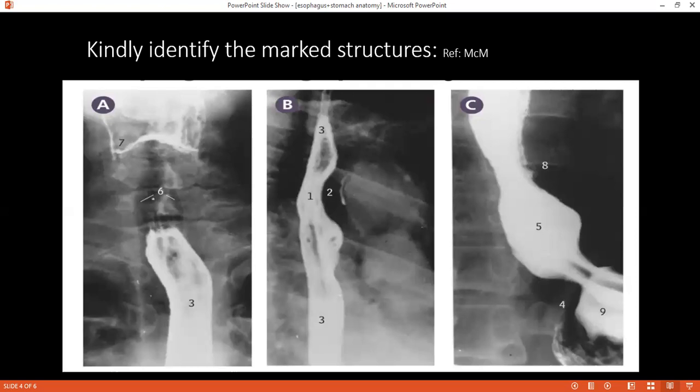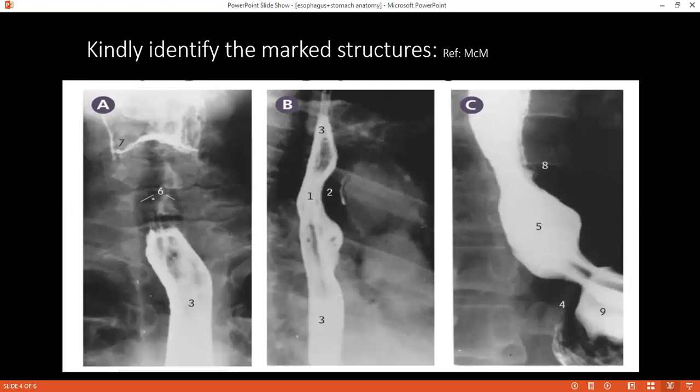Which conditions can result in incomplete relaxation of the lower esophageal sphincter? Can you name a few conditions? Yes, Bell's palsy, then achalasia can also cause it.